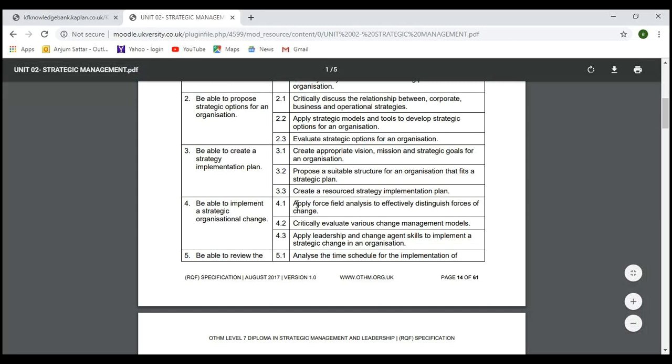In lesson 4, we'll apply the Kotter's eight-step model and Lewin's model for change, and critically evaluate various change management models. We'll also apply leadership and management skills, what sort of skills is required, and change agent skills.